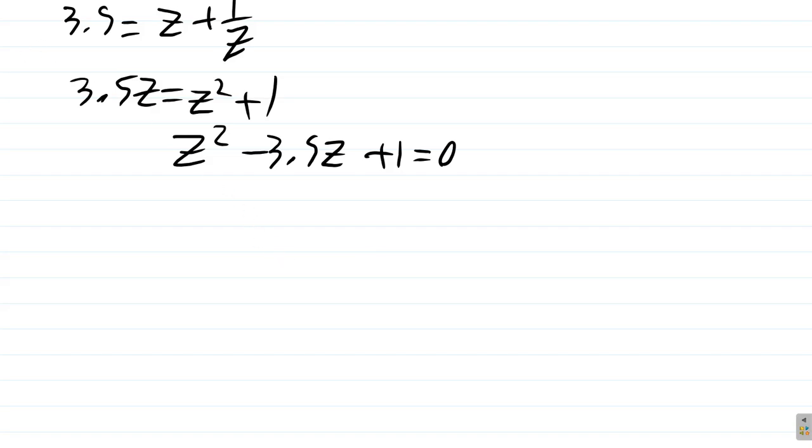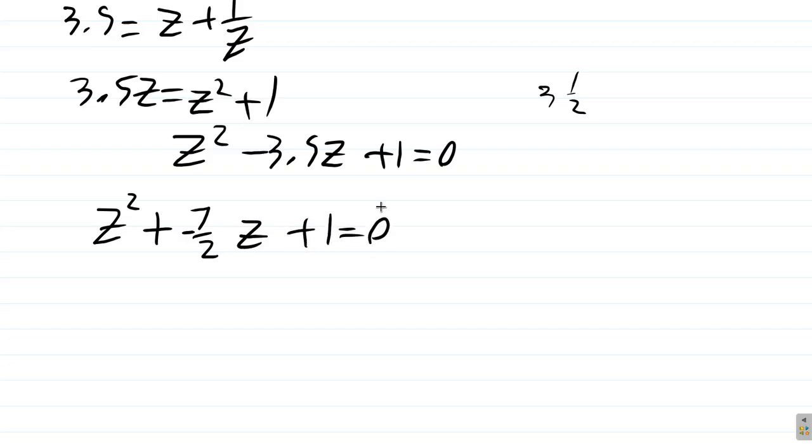You could also use completing the square. 3.5 is 7 over 2. Let's use completing the square. So z squared plus negative 7 over 2 z plus 1 equals 0.